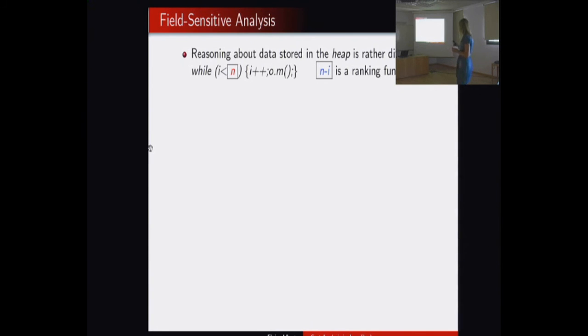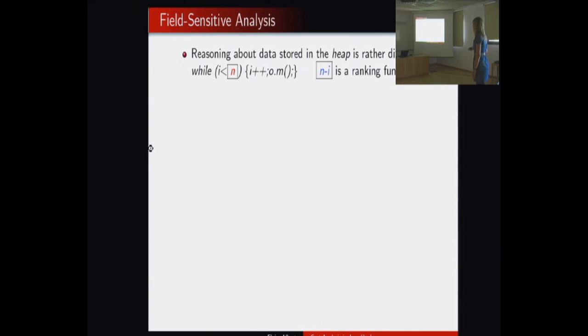Why? For example, imagine we have a loop as simple as this one. If i and n are local variables, and we just increase the counter, we have a call to some method. It's very easy, existing techniques, almost any analyzer is able to infer that n minus i is a ranking function for the loop.